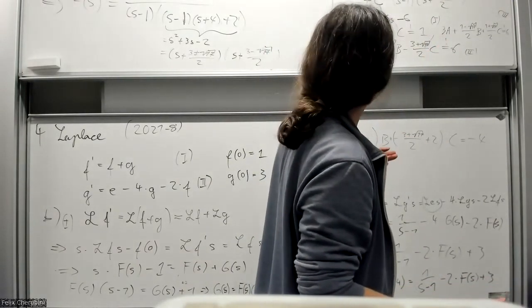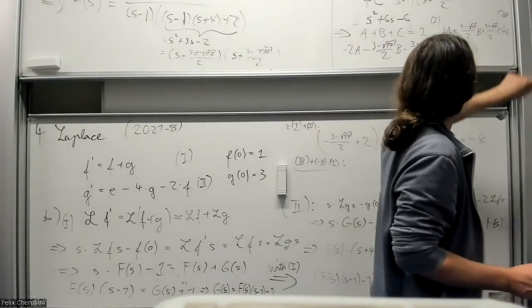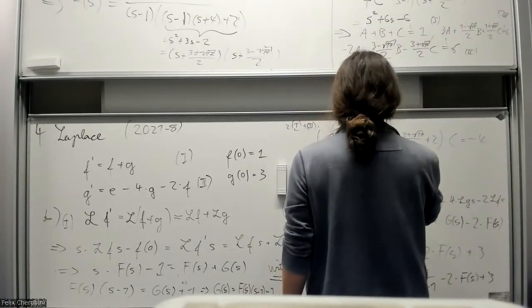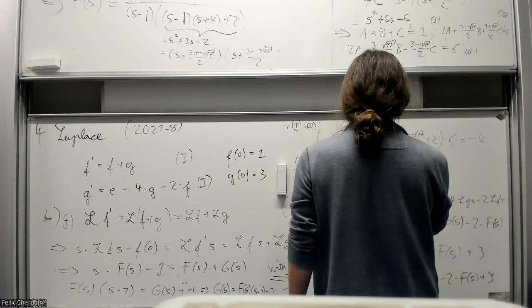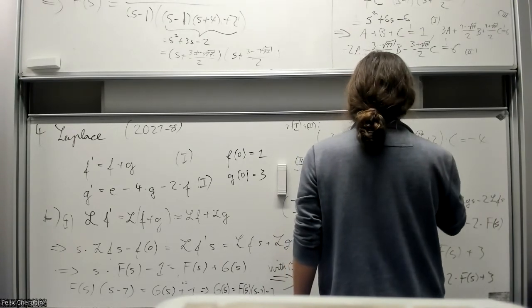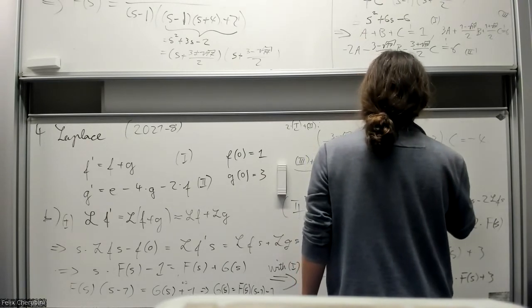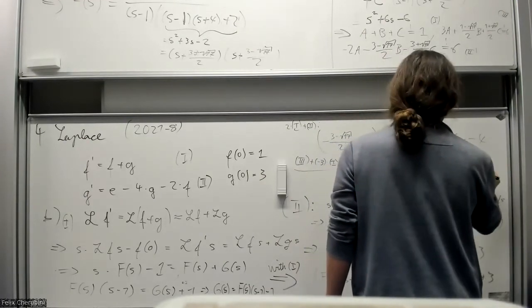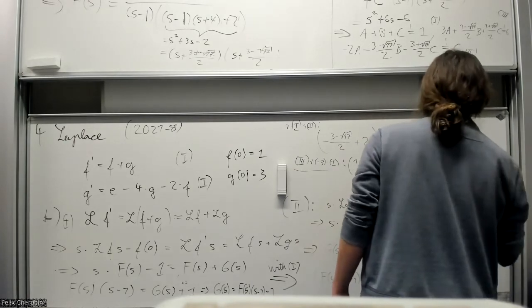So I use the first factor, and then I have minus 3 here and here and here. So this is C equals 3.